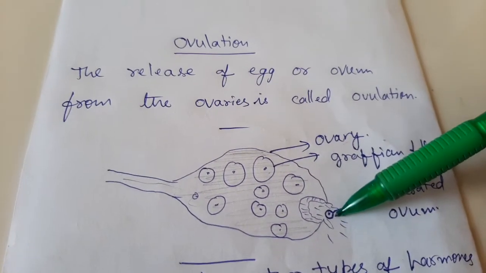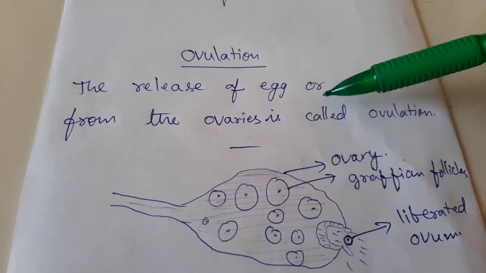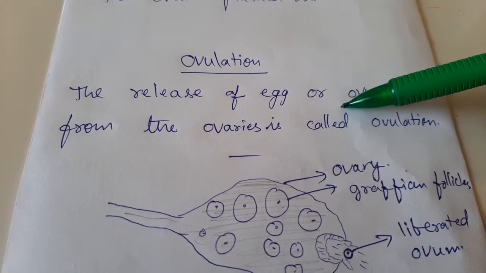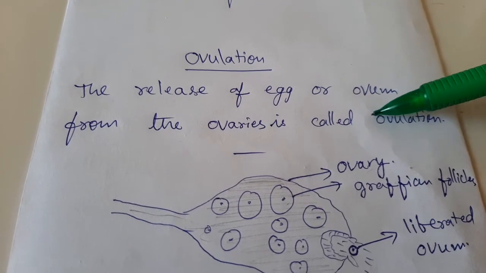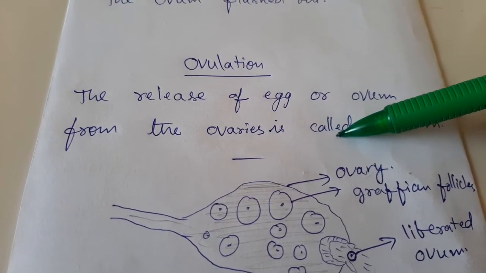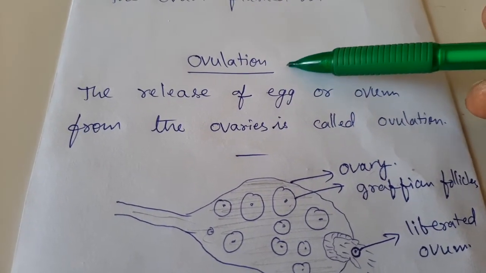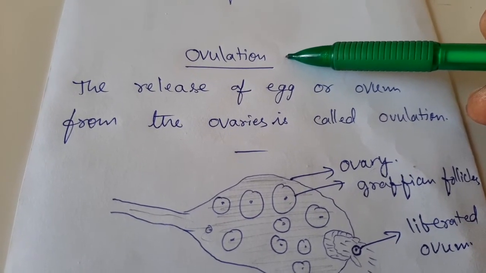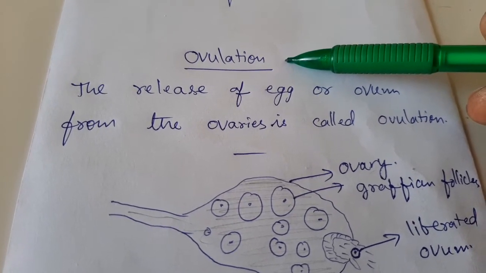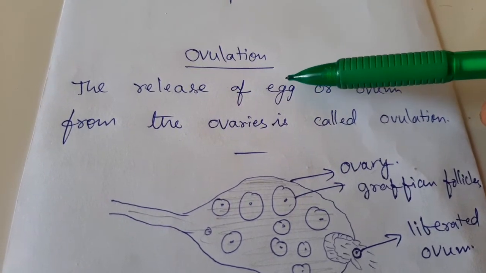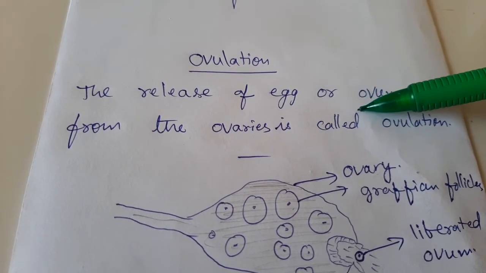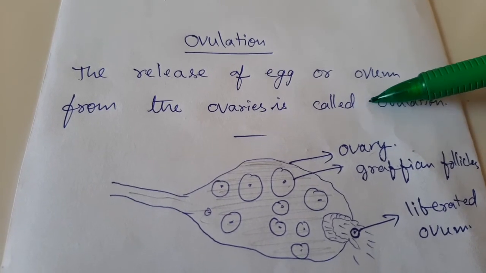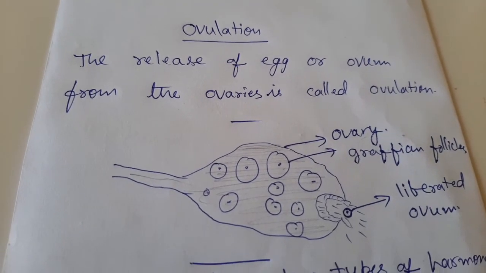This process, the releasing of egg or ovum from the ovary, is called ovulation. It is also an important one mark question. What is ovulation? The release of egg or ovum from the ovary is called ovulation.